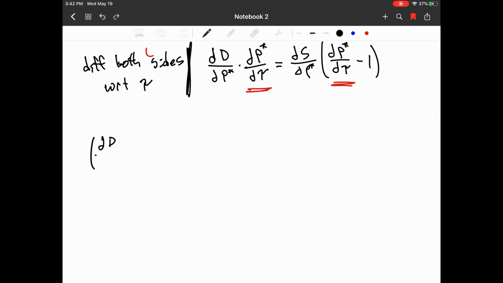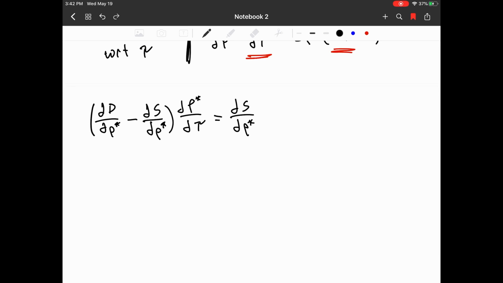We have dd dp star minus ds dp star, times dp star d tau, and then that's going to be equal to ds dp star. All right. So then we just divide both sides by this blue.